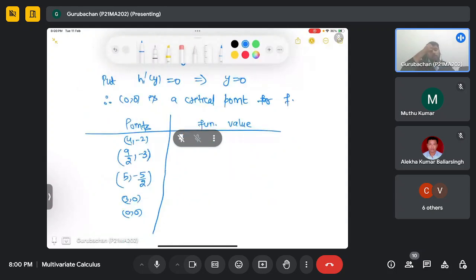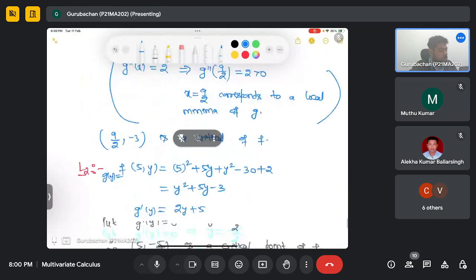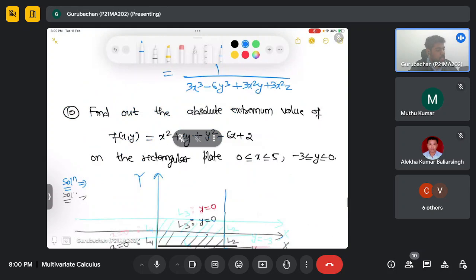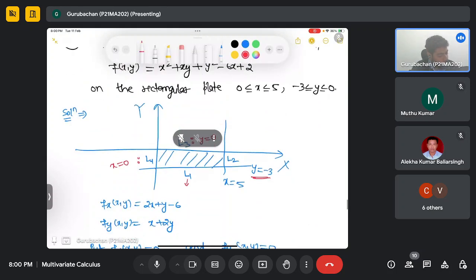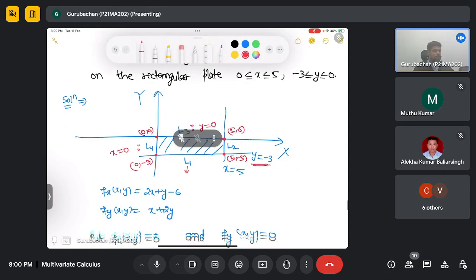Okay, now see here that we haven't missed any point, like I'm talking about these extreme points. We need to include these also. This corresponds to (0, 0), and we have included (0, 0). This corresponds to (5, 0), this corresponds to (5, -3), and this corresponds to (0, -3).